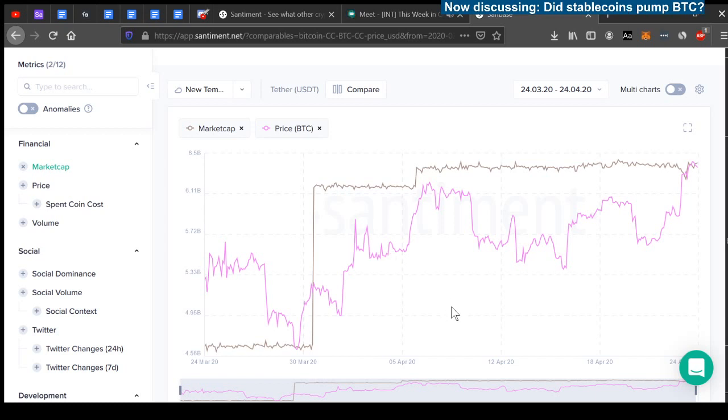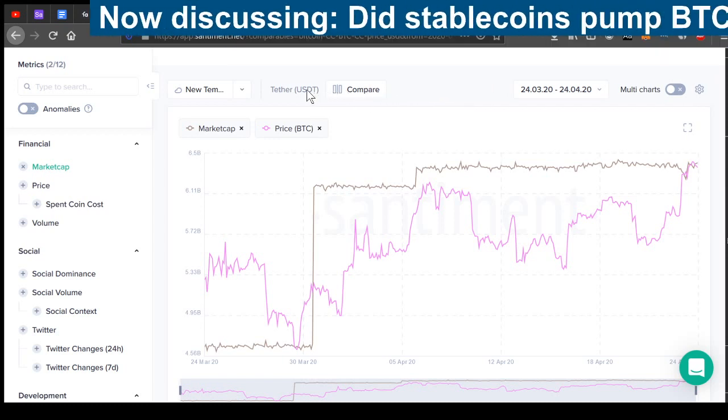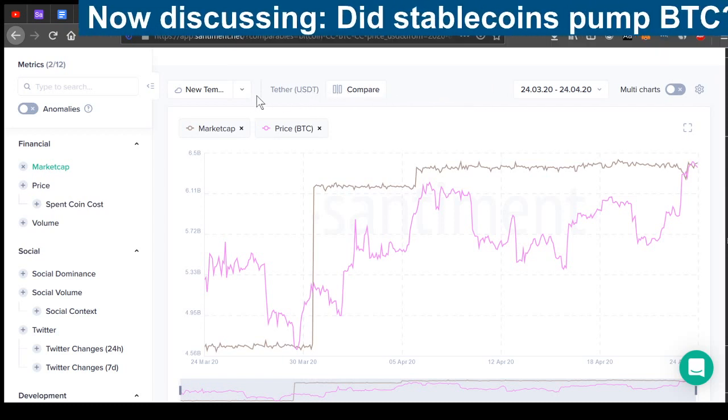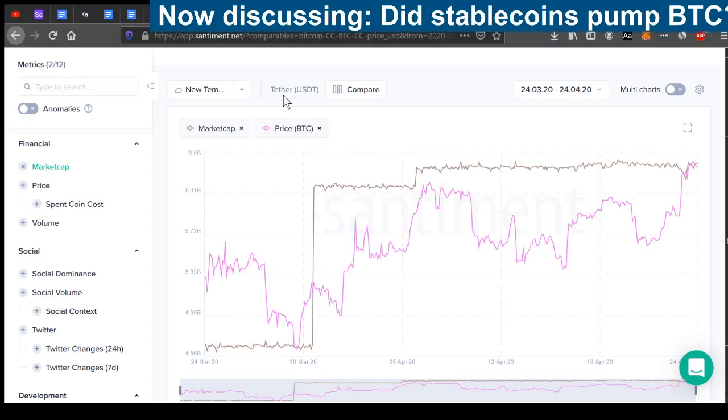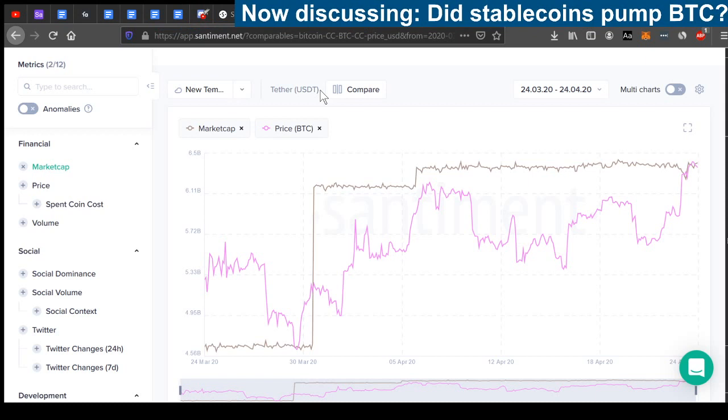It's going to increase only if new fiat is being deposited, so if there is new fiat money flowing into the crypto space. Since this market crash, we've seen hundreds of millions of dollars flowing into crypto. Maybe people are looking for just better investment opportunities.